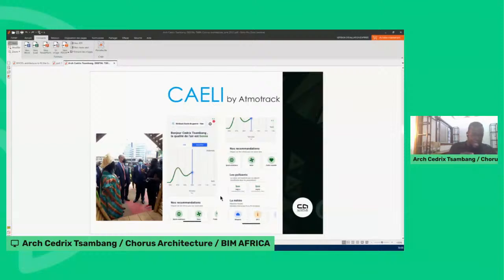So if you want a better life, you can do this and do that. So it's an easy way to approach the population. And for architects like us, it will serve to understand that air is part of the project. Air is a material, so we can manage it and use it to advance.